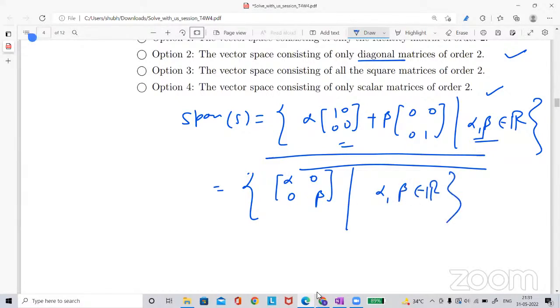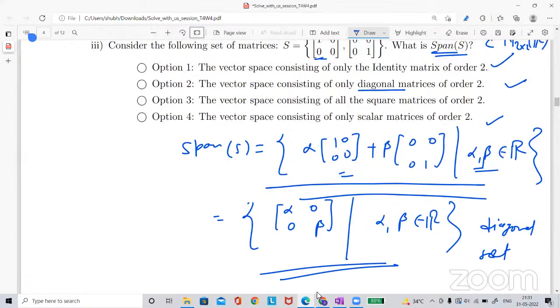So what is this set? This is the collection of diagonal matrices of order 2, right? Because alpha and beta can be any real number. It also contains scalar matrices, but the whole thing is the collection of diagonal matrices of order 2.